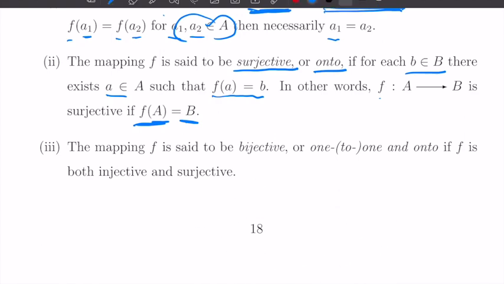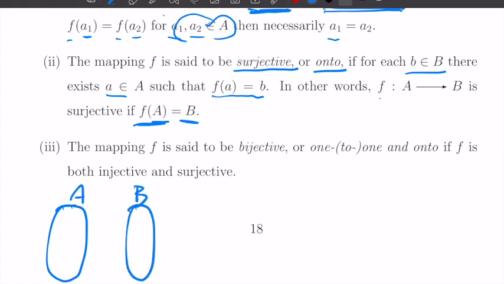From previous examples, you might have noticed that for some mappings, the image of A does not cover the entire B. In this case, if we pick this element in B, there is no corresponding element in A. Nothing comes to this point.